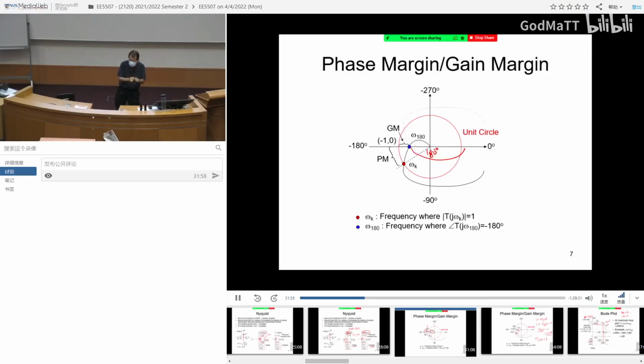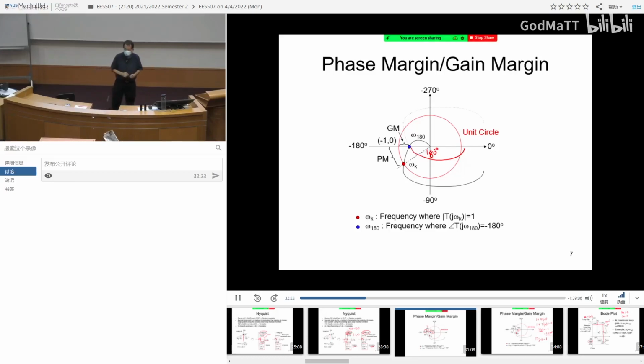Now, how small it is? If it's very far away from 1, let's say I only get 0.1, I almost have 0.9 margin. That is very stable. But if I'm 0.9, very close to 1, so I only have 0.1 margin, so I'm not that stable. So gain margin gives you a way to measure how stable you are.